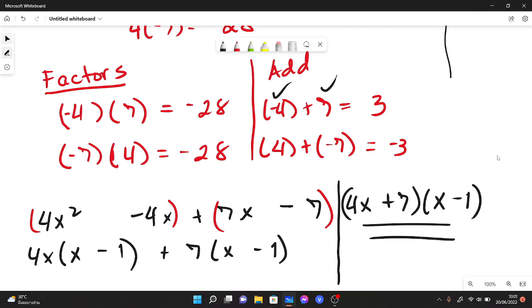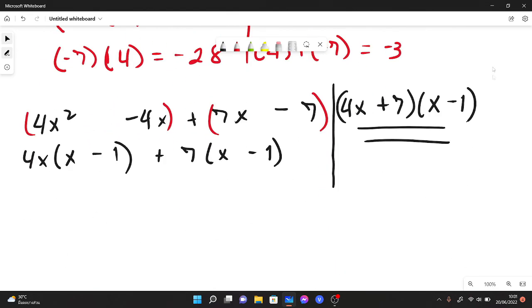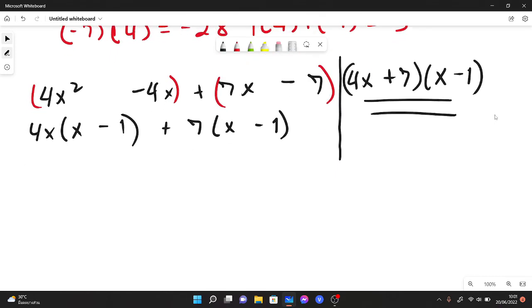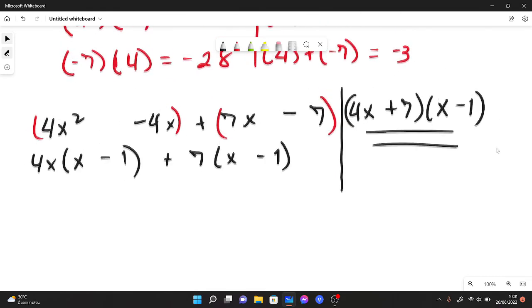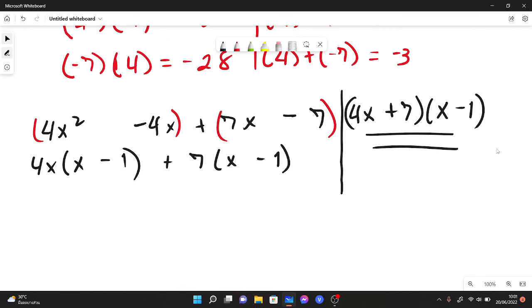So what if this is not the proper arrangement that you made? For example, your arrangement is 4x squared plus 7x minus 4x minus 7.